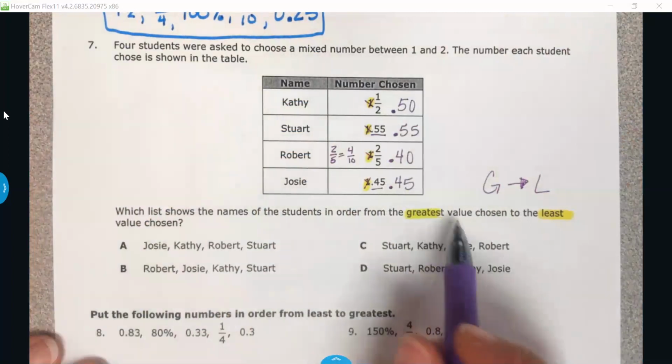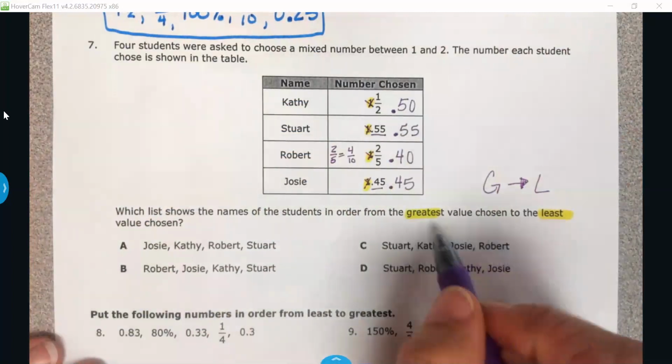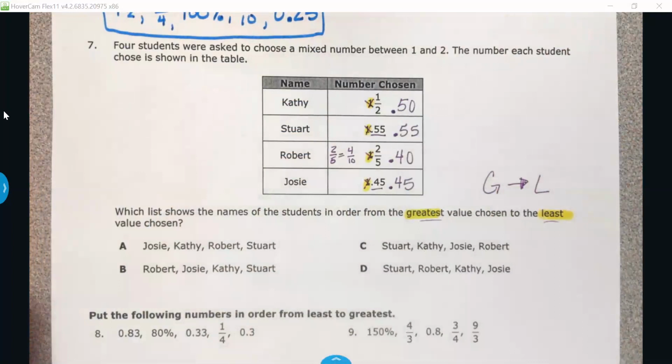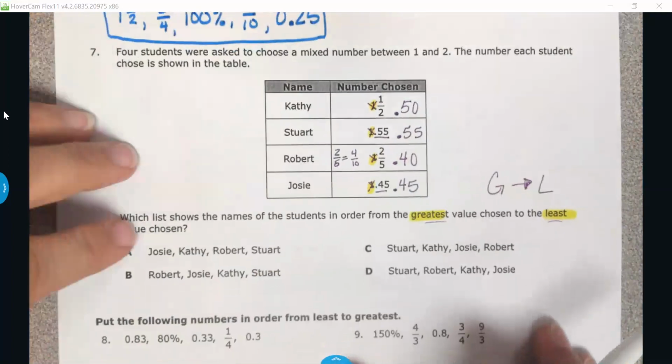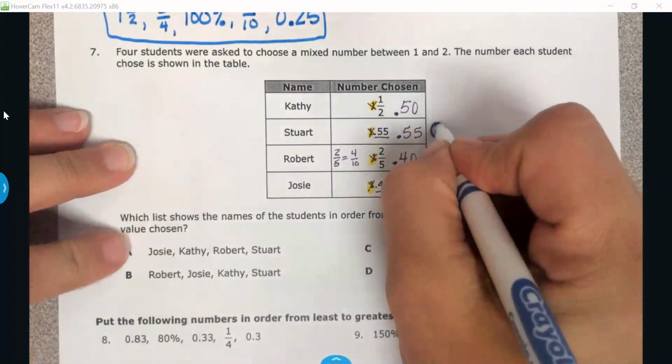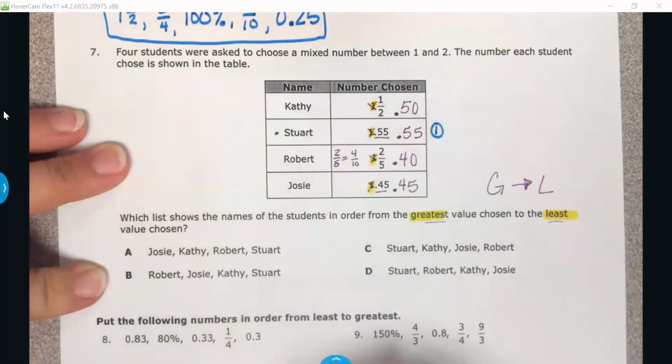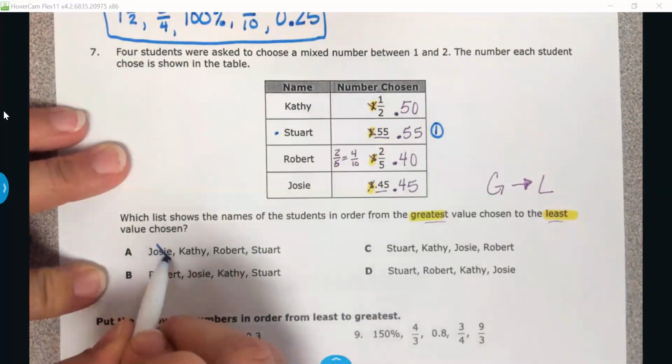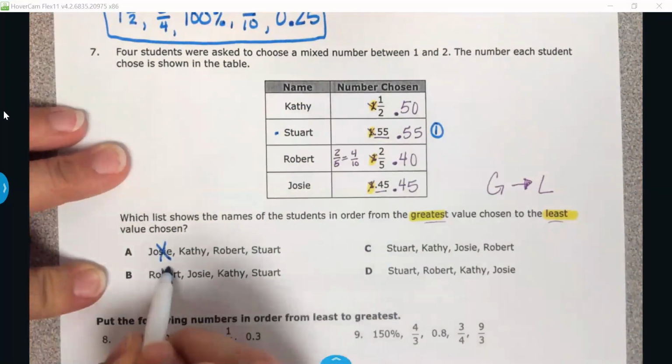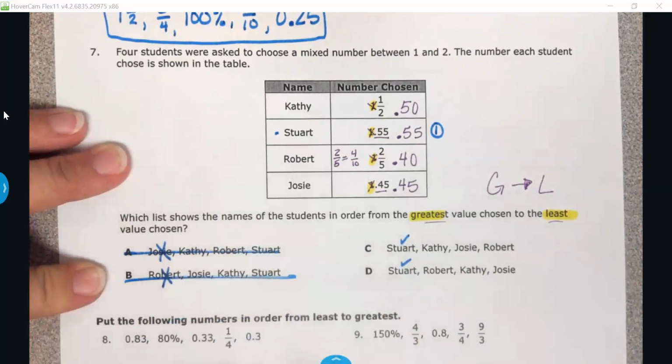So now all I have to do is look at the numbers behind the decimal, looking for greatest to least. The greatest one would be 55. So I know Stuart has to be first. That's not Stuart, that's not Stuart, so I know these 2 are not my answer.